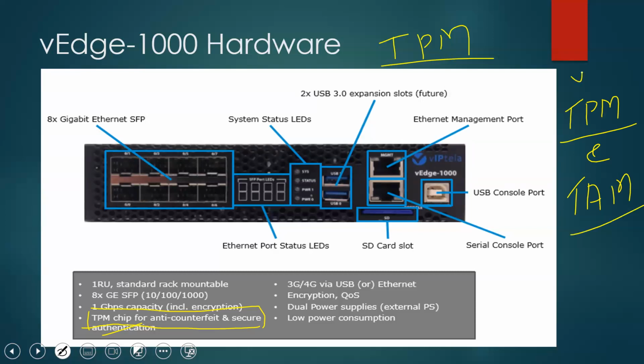TPM is inside the vEdge, and TAM, Trusted Anchor Module, is inside the cEdge devices. What this TAM is doing, again, same thing: anti-counterfeit and security and authentication, etc. I also have a slide. I will show you. I have 1 or 2 slides, but if you have time, you can have a small look, do a little bit of Google, and learn the difference between TPM and TAM.